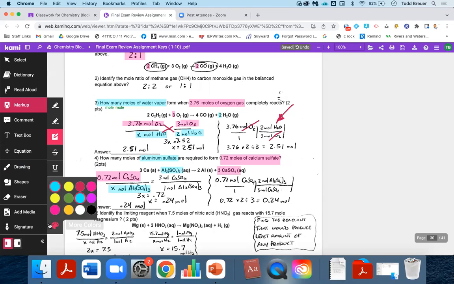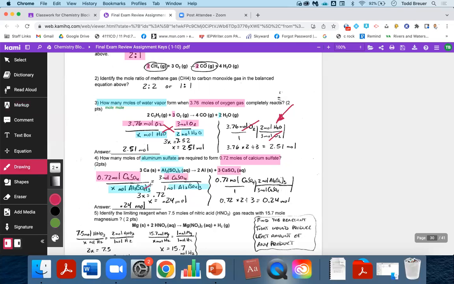On the right side, we make the labels match: mole of CaSO4 over mole of Al2SO4, and 3 to 1, right from the coefficients in the balanced equation. You would then cross multiply and turn it into an equation. 3 times X is 3X, 0.72 times 1 is 0.72.